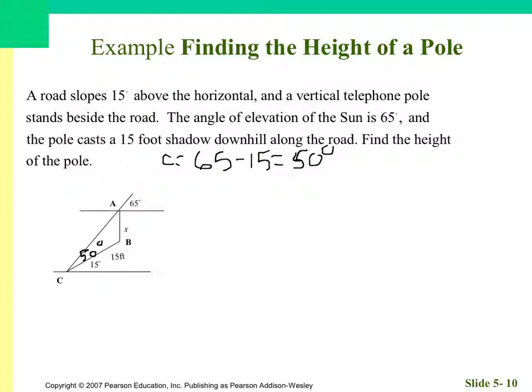So what else do we need? We need another angle. And since that's the telephone pole, I know this angle's 90 degrees, and then I also know that's 65. So if I did 180 minus 90 minus 65, that lets me know that's 25.